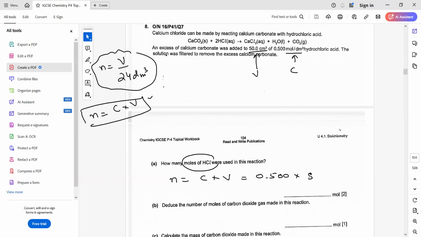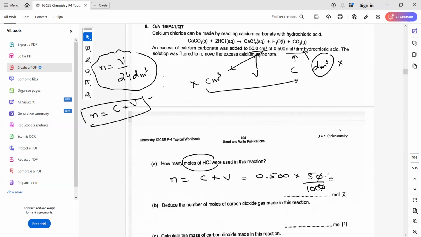V is given, that's 50. But the problem is, C is given in cubic decimeter and V is given in cubic centimeter. That's a mismatch, so this should be converted into cubic decimeter. So we can do 50 divided by 1000. That converts cubic centimeter into cubic decimeter. Now we can just solve this up.